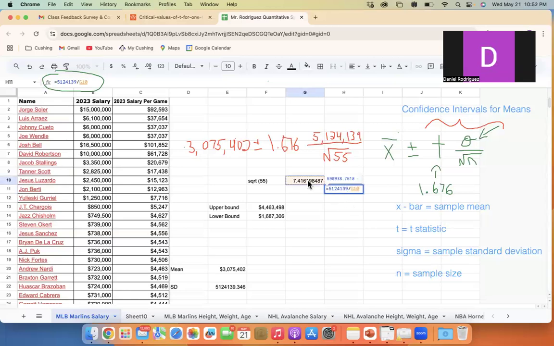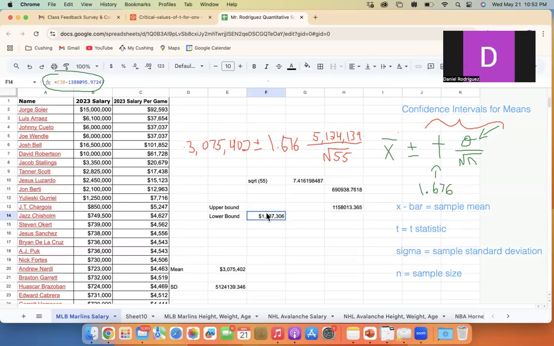That gives me 690,000, something like that. This needs to get multiplied by 1.676. So 1.676 multiplied by that number there. So this is my margin of error. It comes out to 115, or sorry, 1,158,013.